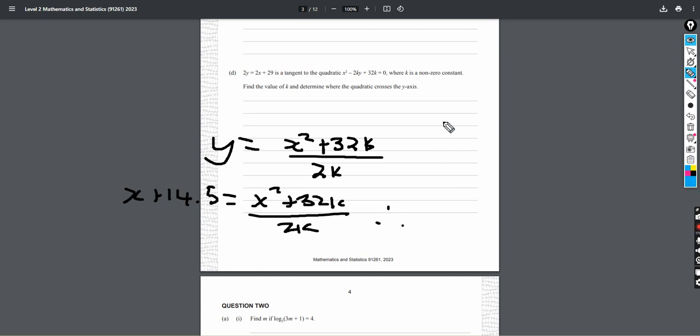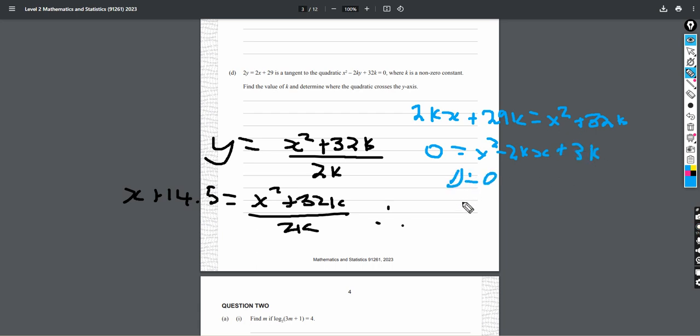Therefore, 2kx plus 29k is equal to x squared plus 32k. So 0 is equal to x squared minus 2kx, I swear this is what I had before, plus 3k.